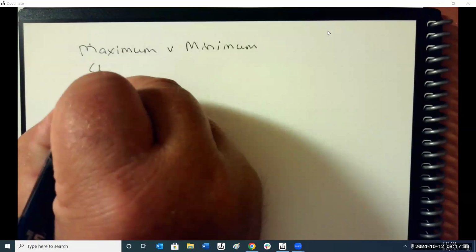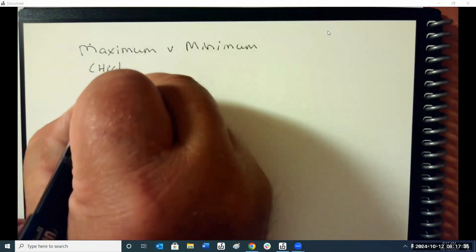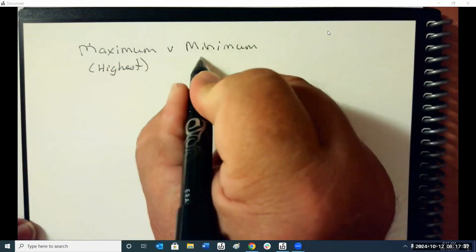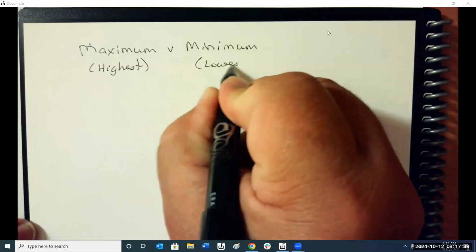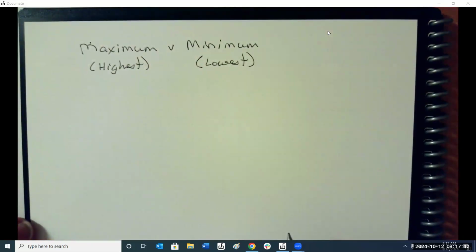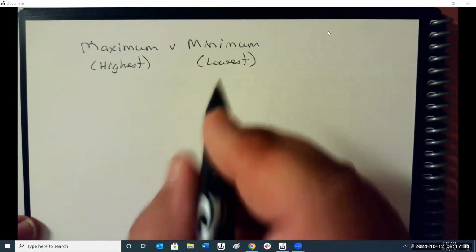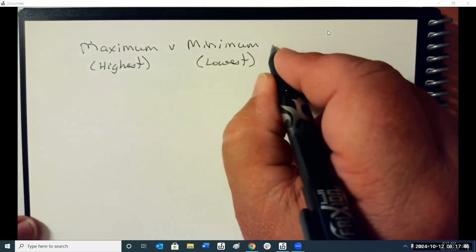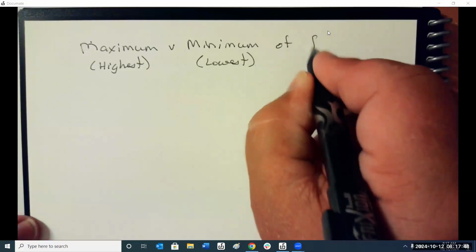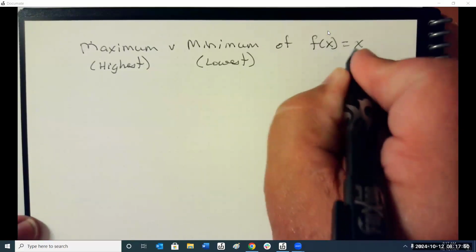There's the highest versus the lowest point of the function f of x equals x squared.